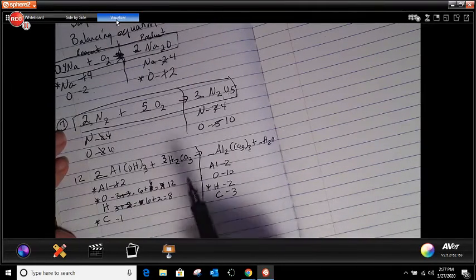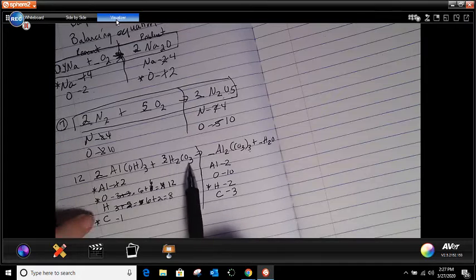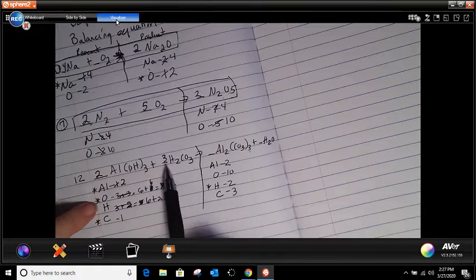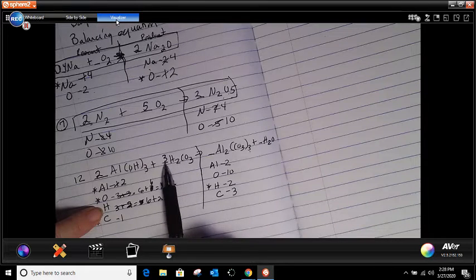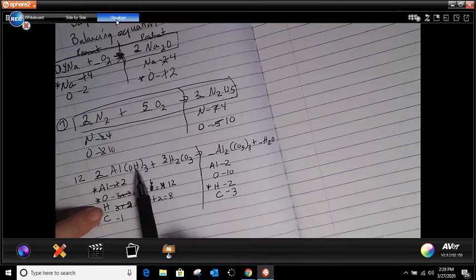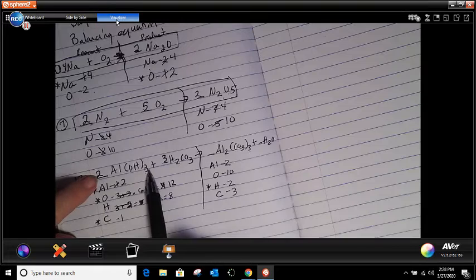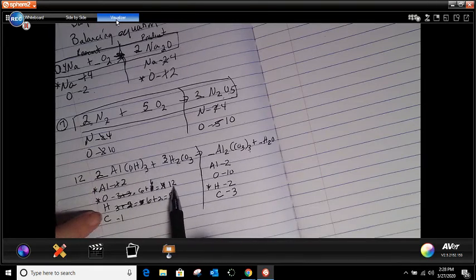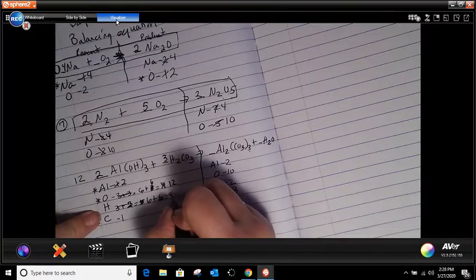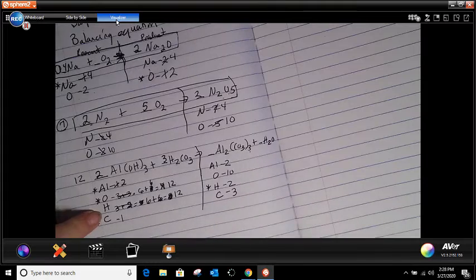Do you see that? I'm doing hydrogens. So here we go again. This is 3 times 2, which is 6, plus 3 times 2 is 6. That makes it 12. So this one here needs to be 12.